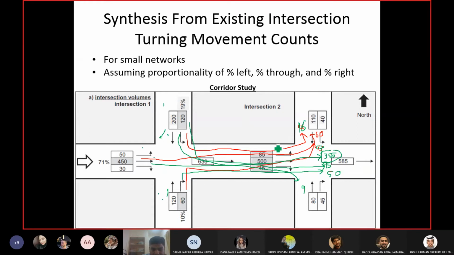So you will have the origin and destination, and you will do the same thing with all the available movements from the intersection. Once you are done with all the movements, you will know from which zone the traffic was coming and in which zone the traffic was entering.